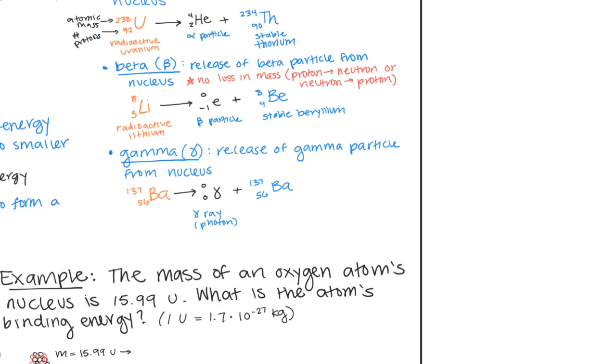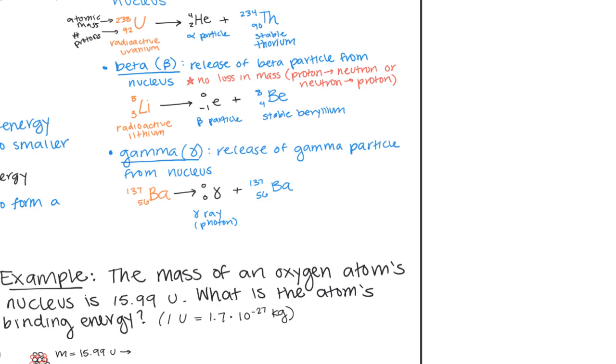So it really hasn't lost any mass at all. See how it's still the same mass up top, but what it's really done is taken one of its neutrons in the nucleus and shed a little bit of that negative charge from that neutron to become overall a positively charged proton.